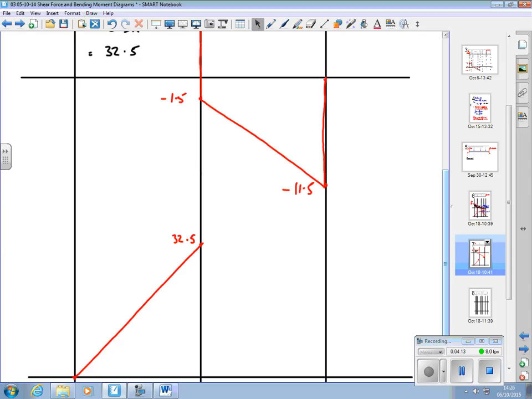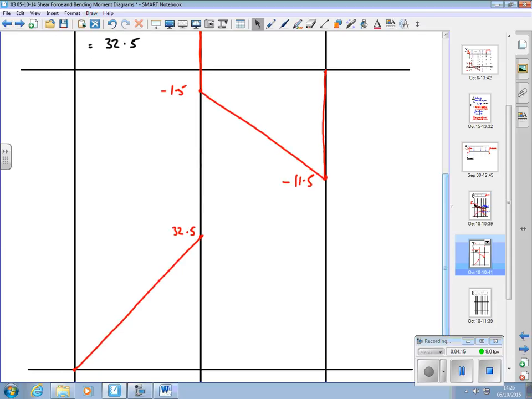I'm emphasizing that because things are going to change here. If we look at this part of the curve, that's what's affecting us now. The gradient is not constant, it's changing. At that point, the gradient's minus 1.5. At that point, the gradient's minus 11.5. Minus 1.5 might look a bit like that.